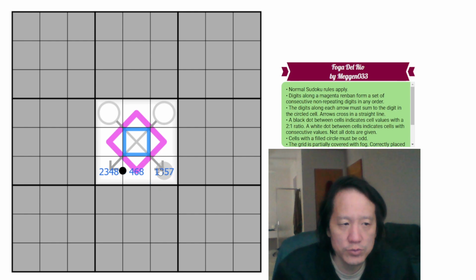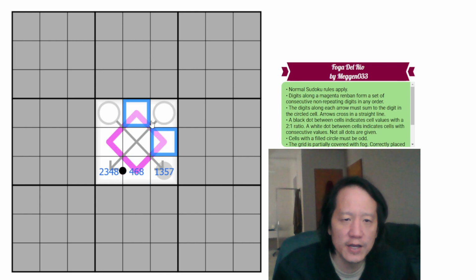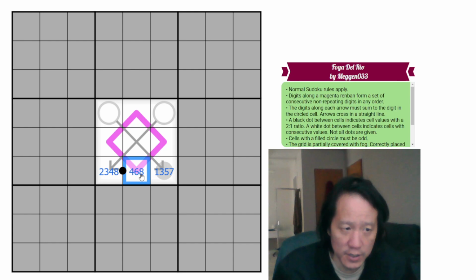So this would be 2, then this would be 1, because those are the only possibilities there. Because this can only be 1 because of the filled circle, because it's odd. Therefore, these 2 would add up to 5. That works fine. But this is 2 and 1, and that would add up to 3, and we already have the 3 there. So 6 with 7, 8, and 9 is not allowed here.